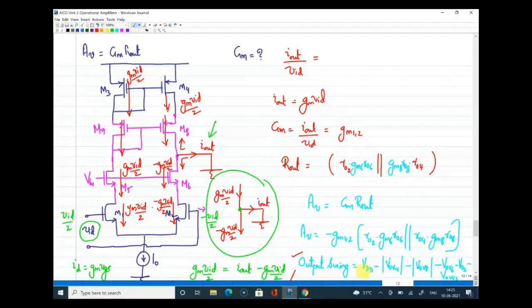If you are considering a low supply voltage, say 1.8 or 1 or even lesser, you can see that only a few millivolts will be left after the overdrive voltages. So you can say that the transistors in the cascode will definitely consume some voltage headroom, and with that I can say that is one drawback of this structure. When we mention something as a drawback, it doesn't mean that the structure is not used ever. Any queries?